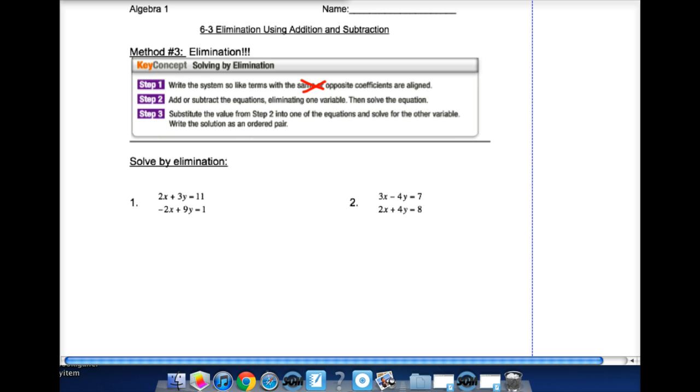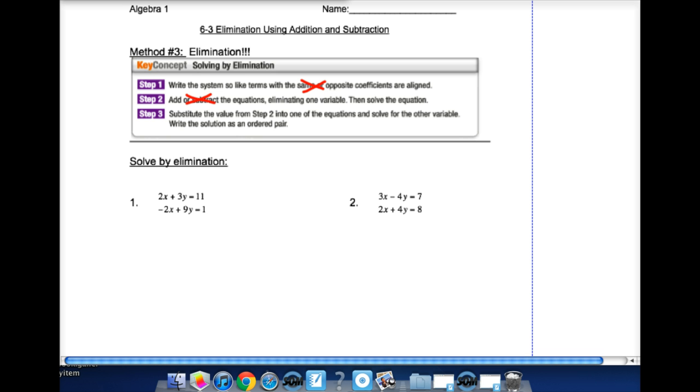You're going to write the system so that the like terms with the opposite coefficients are aligned in a nice little column. When we do an example, you'll totally see what we mean. If they're not, you are going to add or subtract the equations. Everybody cross off the words or subtract. If you just do the opposite coefficients, you will always add the equations. So I'm not going to teach you guys about subtracting.